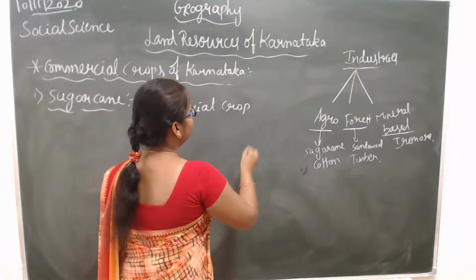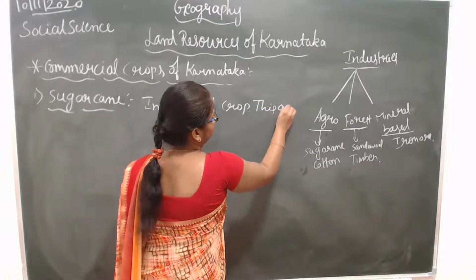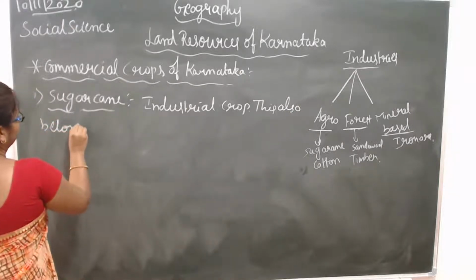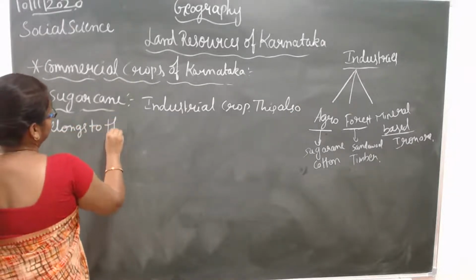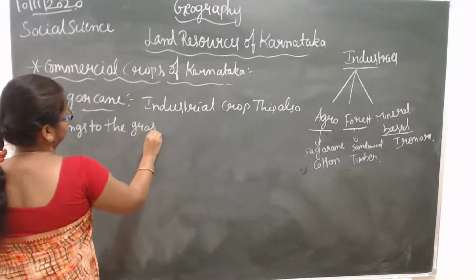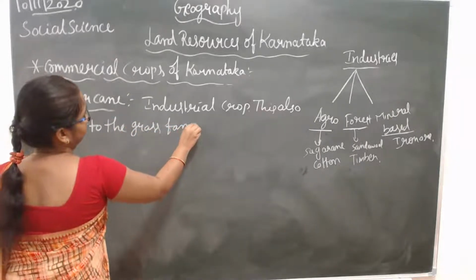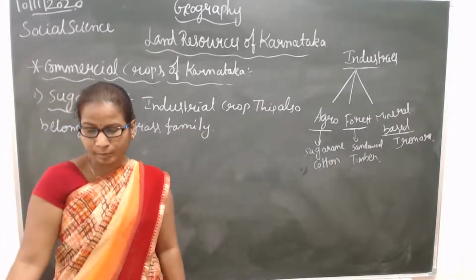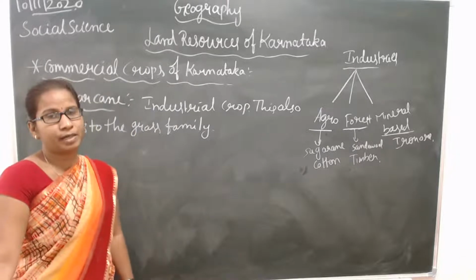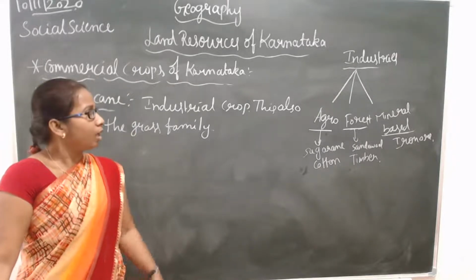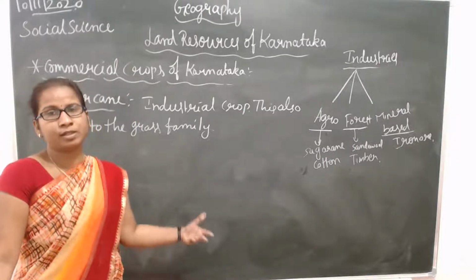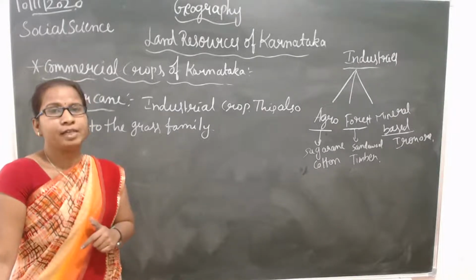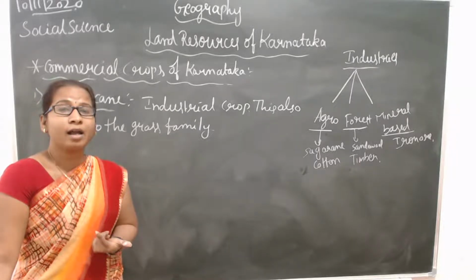And this also belongs to the grass family. Sugarcane is a tropical crop. It is grown in areas with high temperature and heavy rainfall. For example, we can take our Gulbarga Valley, where the temperature is high and there is heavy rainfall.